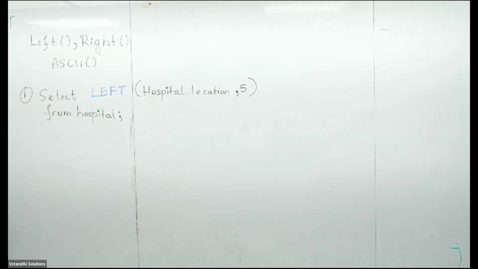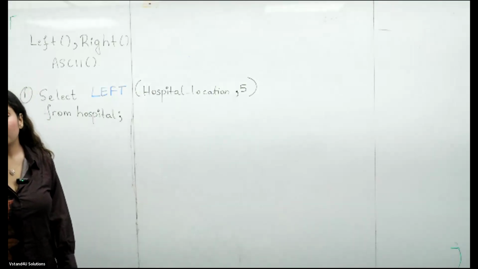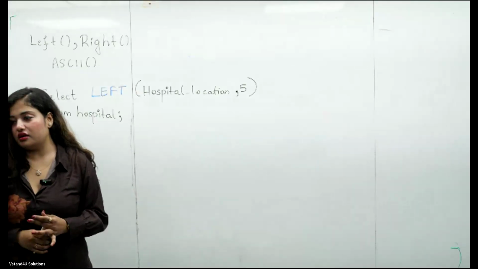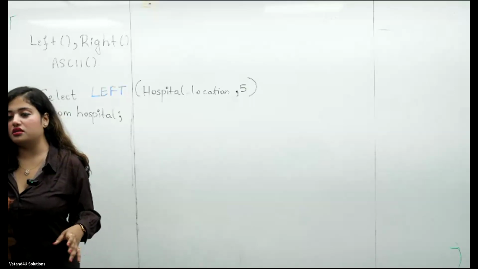They are just telling you how many characters to extract: not just 3 characters, but the first 3 characters. So obviously, if you write first 3 characters, is it from the left side or right side?